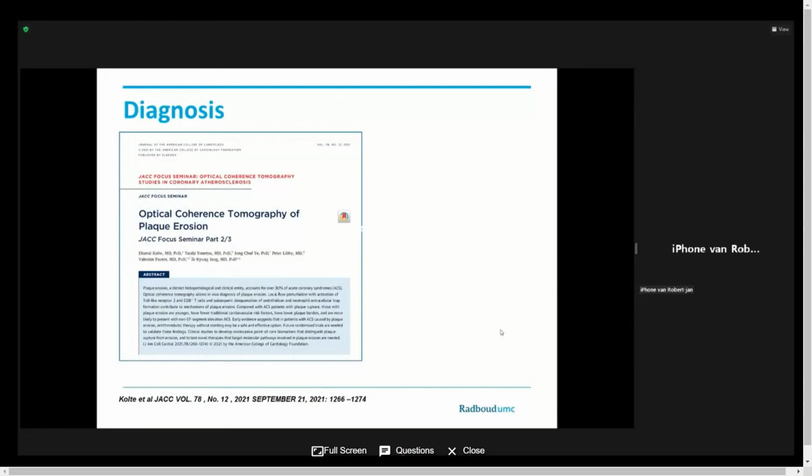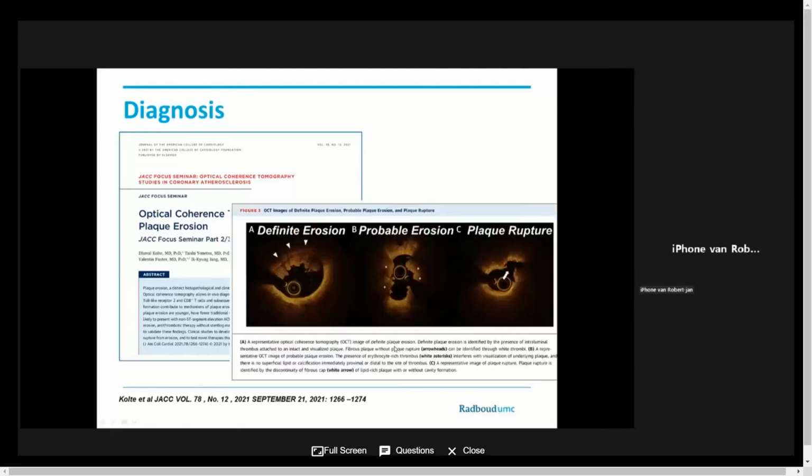Now, I just want to draw your attention to this nice series of publications in the JACC this year. One on plaque erosion, and they did a nice classification: the definite erosion, where through the thrombus you can see that there is no plaque rupture; probable erosion, where no plaque rupture was identified and a lot of local red thrombus is identified, but still no plaque rupture; or the true plaque rupture with an opening and a thrombus on that.